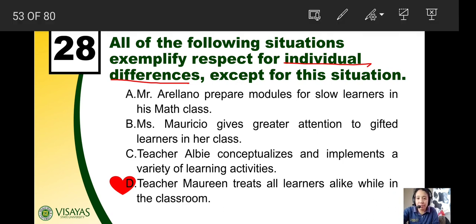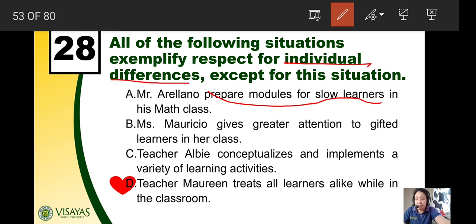So, sa letter A, prepares module for slow learners. Okay lang naman yon kasi we are now considering the slow learners, but still, hindi naman isinulat dyan that the teacher forgets the fast learners. So, talagang nagbigay lang siya para sa slow learners.